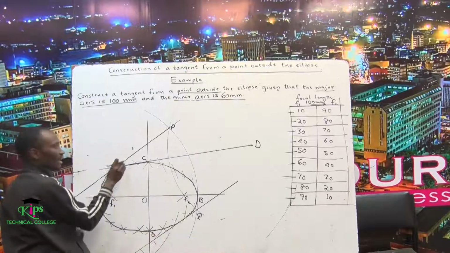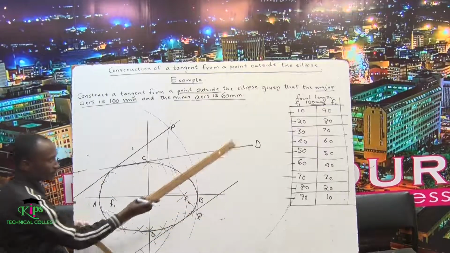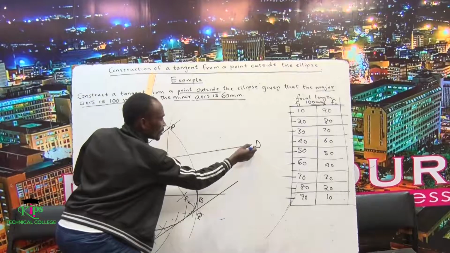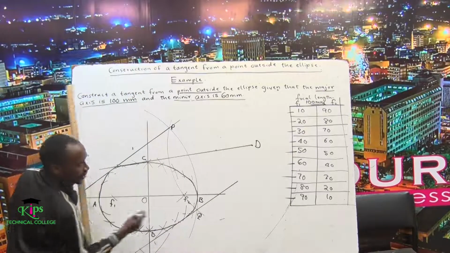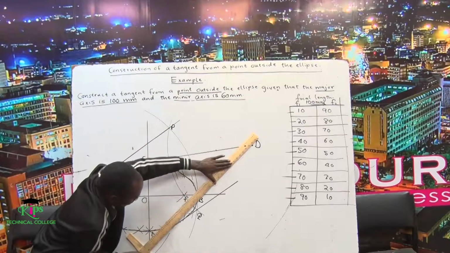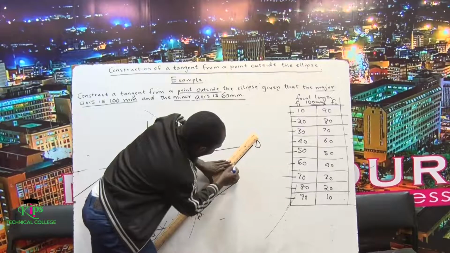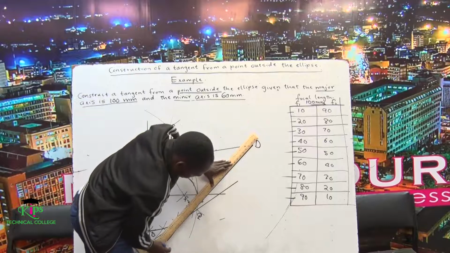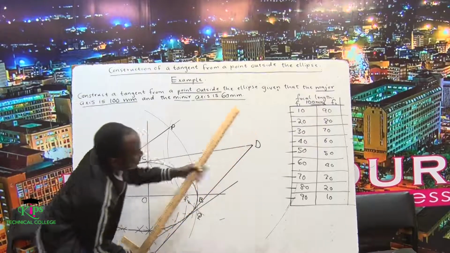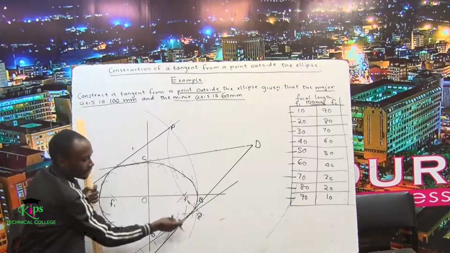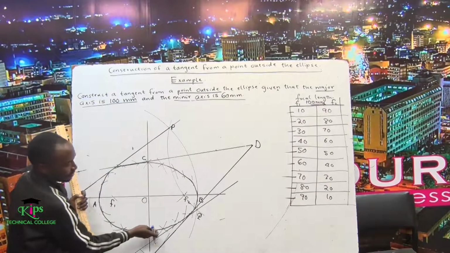Then again, draw a line from point D towards that point whereby this line touches the surface of this ellipse.